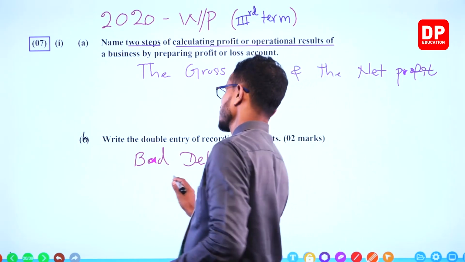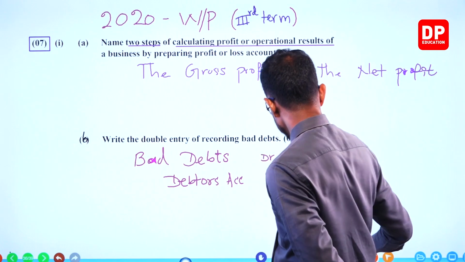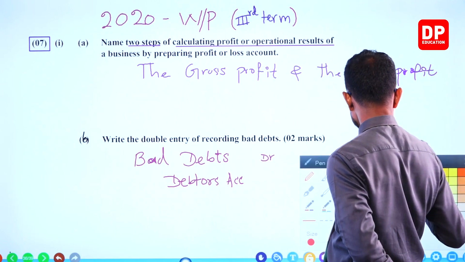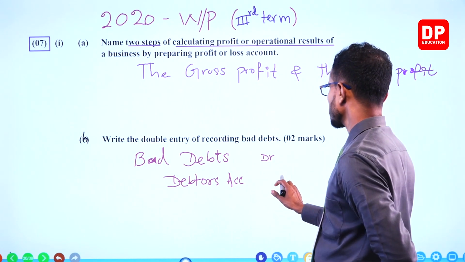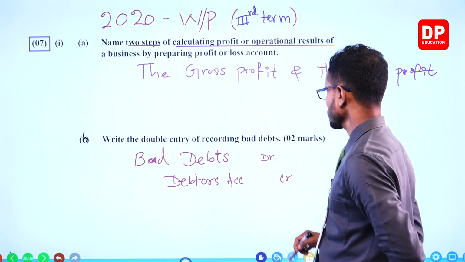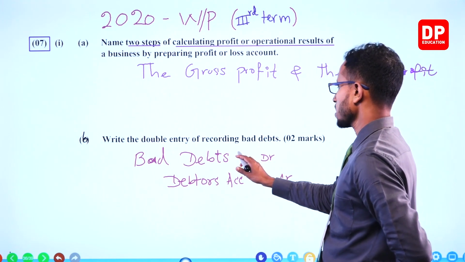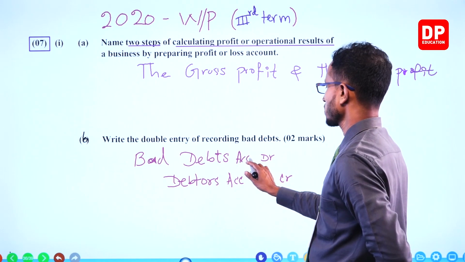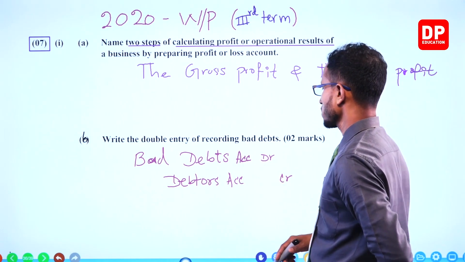The debtors account, that particular debtor who neglected to pay, that debtor's account, credit. That is the double entry. Bad debts account, debit; debtors account, credit.